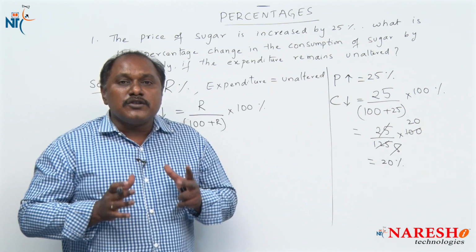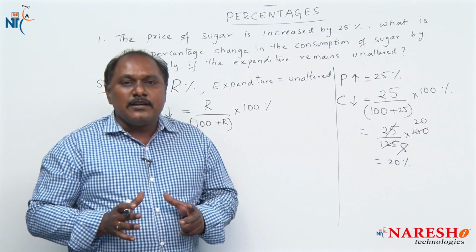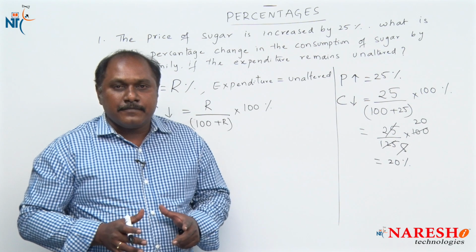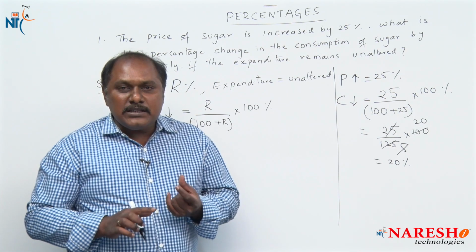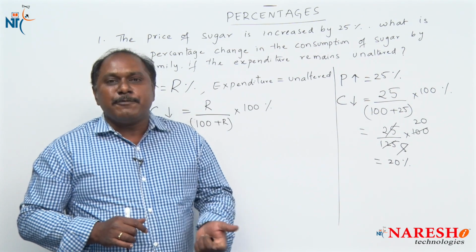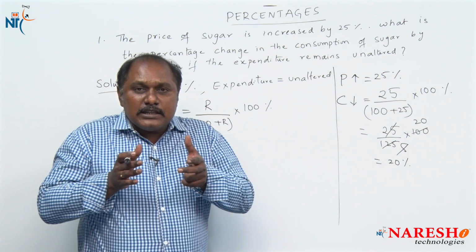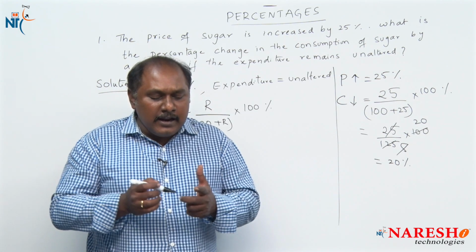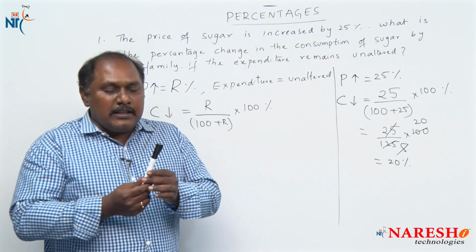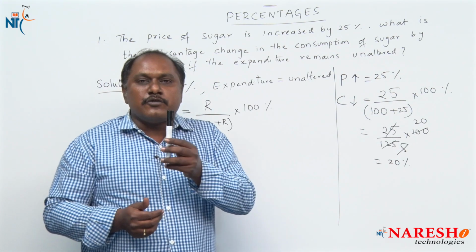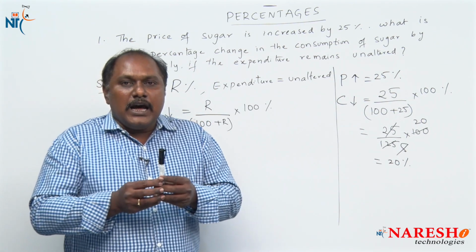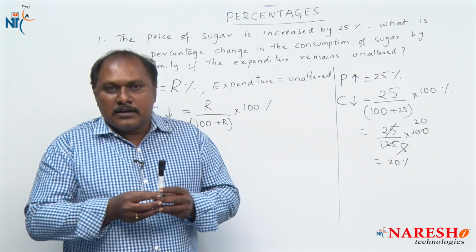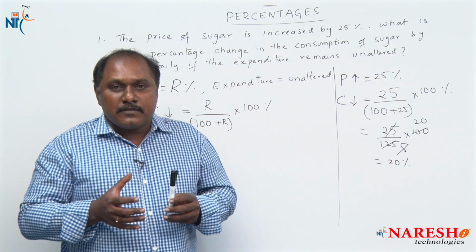The second method to solve this problem is by taking an equation between price, consumption and expenditure. Now what is the equation that we can write between these three terms? Now if I take an example, suppose I say the price of this marker is 25 rupees and I want to buy 10 markers. Now what is the expenditure?